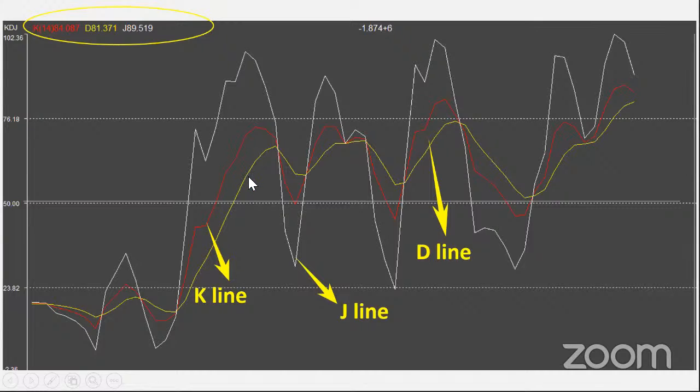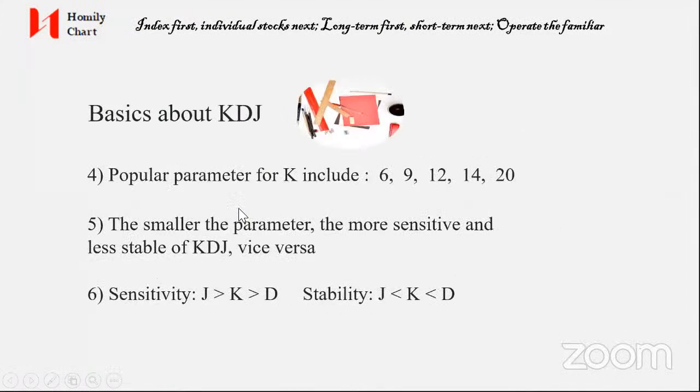If these two lines are above 50, it's in a strong area, meaning the upward momentum is still quite strong. So 50 is the level to tell whether the price is in a strong area or in a weak area.